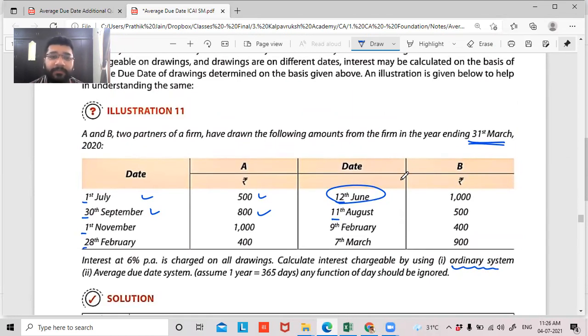What is the base date you have taken for B? 12th June, sir.